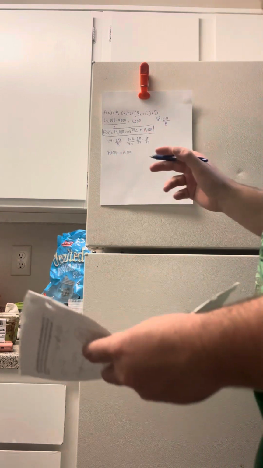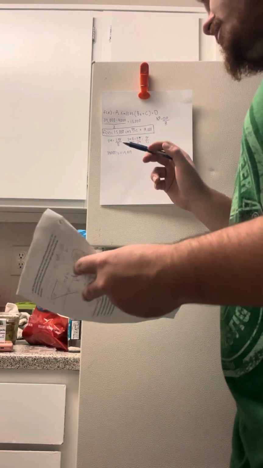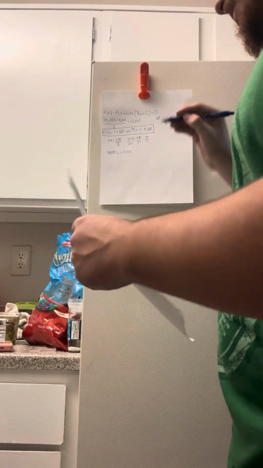And right there, we have our answer for the first part. f of x equals 15,000 cosine of pi over 12 x plus 19,000. That's part A.